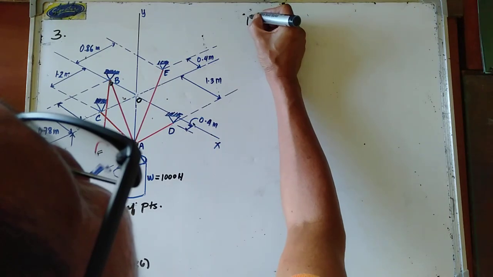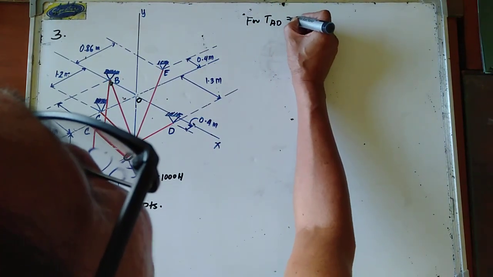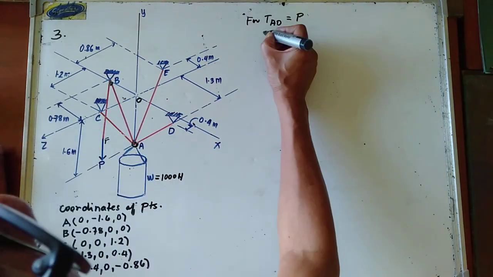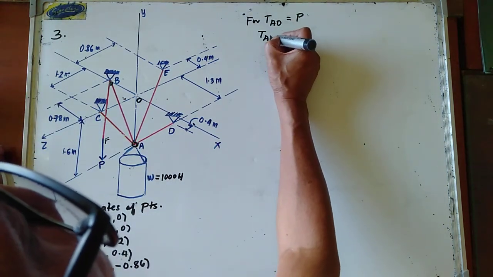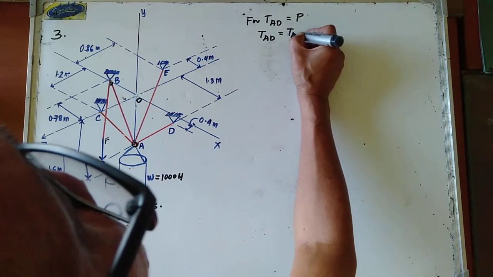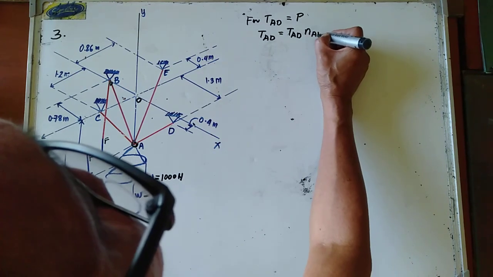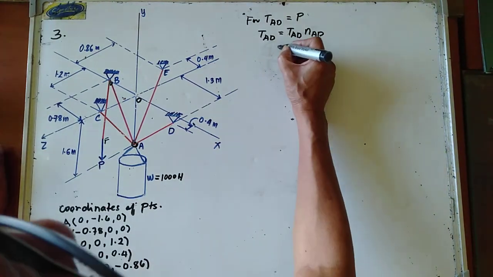Again, for TAD, again, this is equal to P. So your TAD is equal to its magnitude, multiply this one by a unit vector AD.